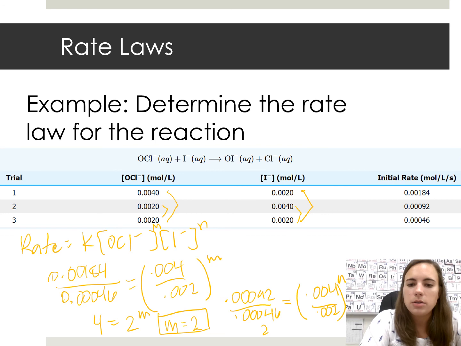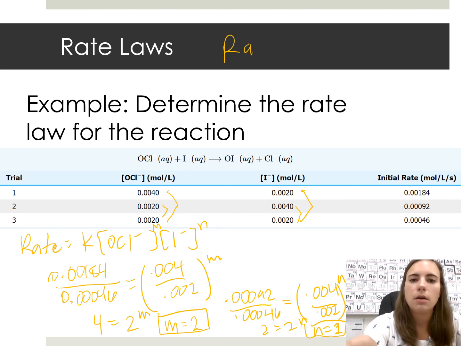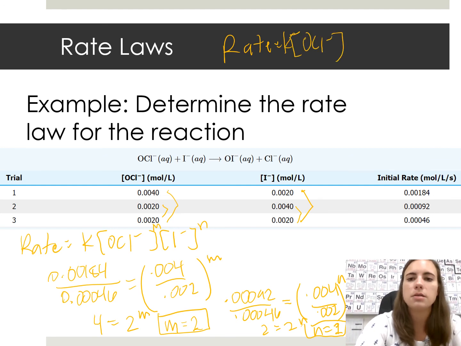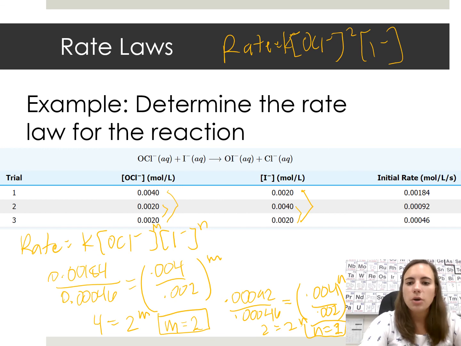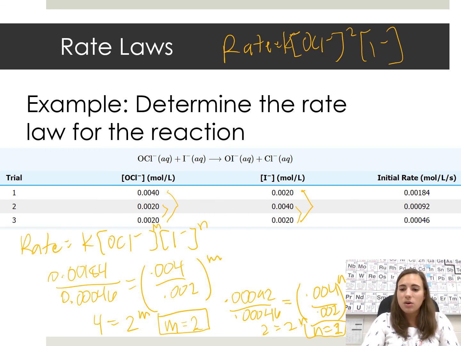And I get 2 equals 2 to the n, so it's very clear that n equals 1. So my overall rate law is K times the concentration of OCl minus squared times concentration of I minus, because it was second order and first order.